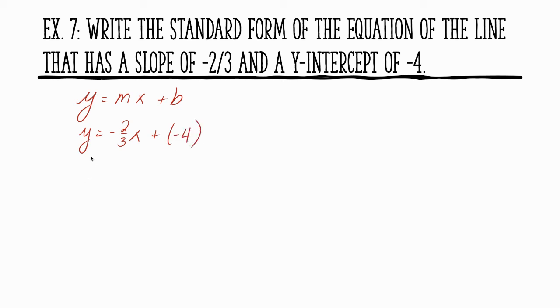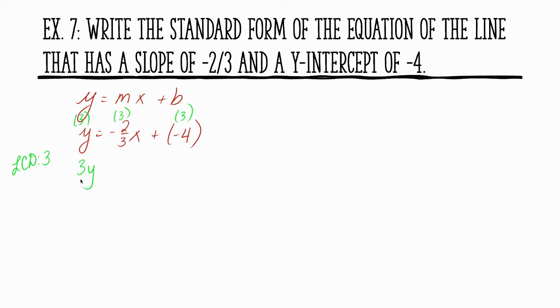Okay, so my next goal is to get rid of my fraction, and I do that by finding the lowest common denominator and multiplying all terms in the equation by the lowest common denominator. I've got one fraction. My lowest common denominator is going to be 3. I multiply all terms by 3.